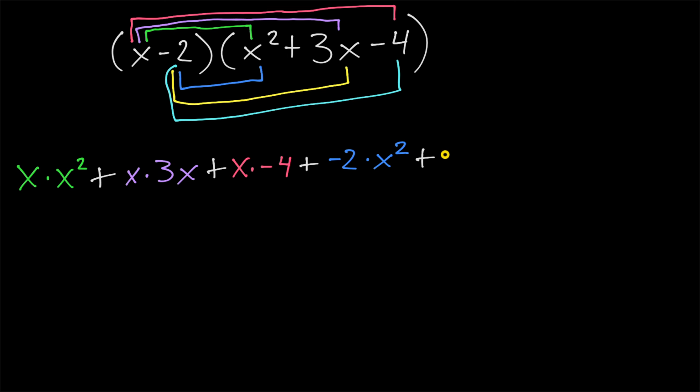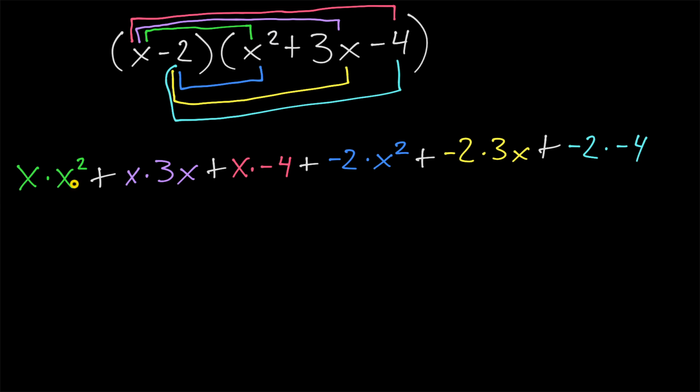So negative 2 times 3x. And to that, you're going to add the product of the negative 2 and the negative 4. Negative 2 times negative 4.